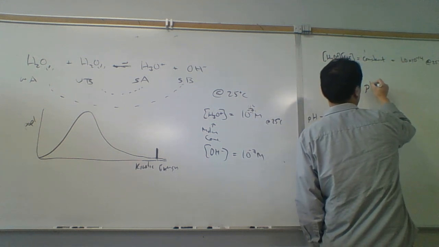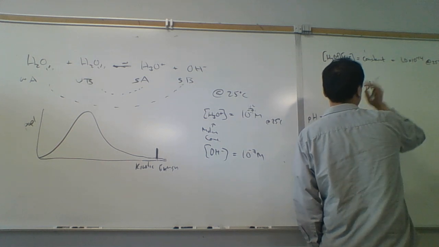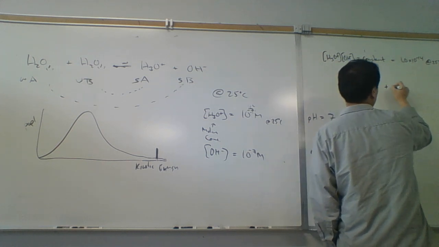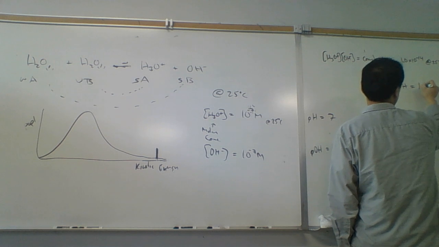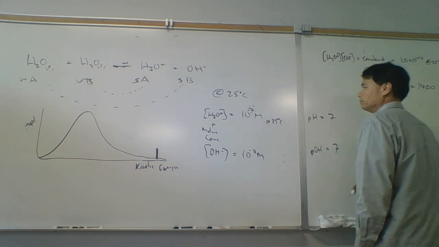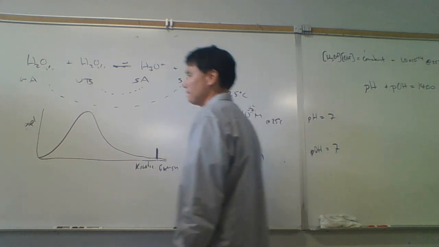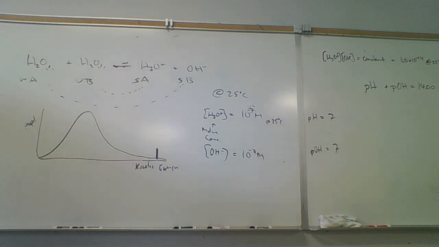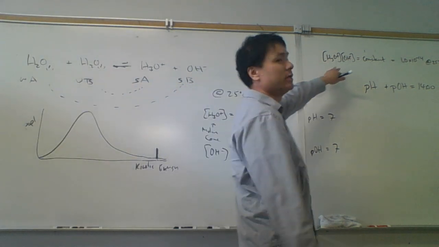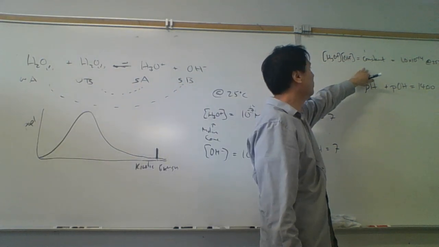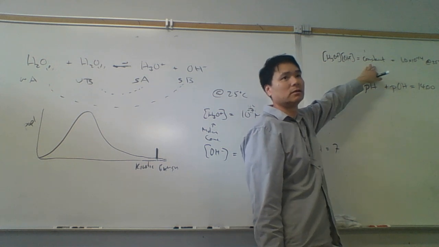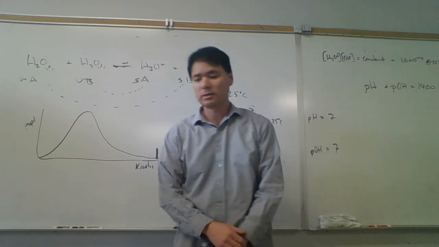And because of the property of power functions and logs, the pH plus the pOH must equal 14.00. H3O plus times OH minus equals a constant, equals 1.0 times 10 to the minus 14.